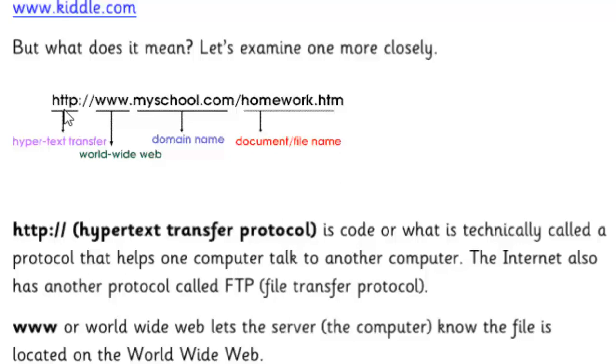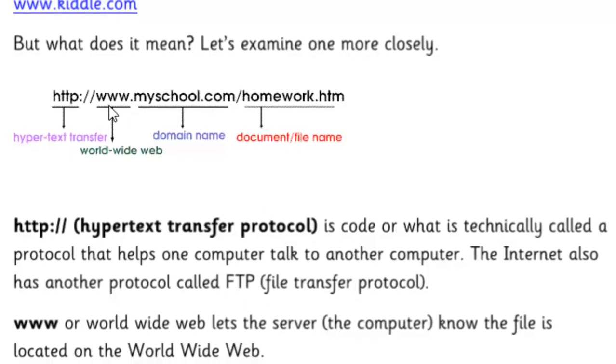But why is it here and what does it mean? This code, technically called a protocol, helps one computer talk to another computer. The internet also has another protocol called FTP, short for File Transfer Protocol. So we use HTTP to share web pages, and we use FTP to share files.